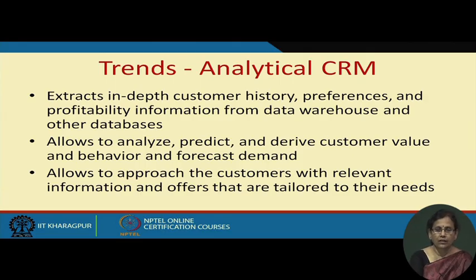So, analytical CRM is the next level, which extracts in-depth customer history, preferences and profitability information from the data warehouse and other databases. It allows you to analyze, predict and derive customer value and behavior and forecast demand. It also allows the company to approach customers with relevant information and offer products or services tailored to the needs of the customer.